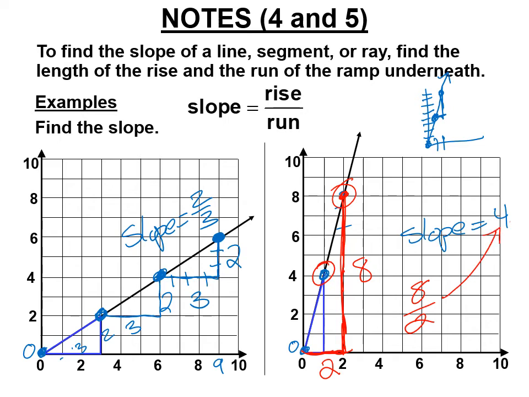They would have to simplify. So you would get the same slope. And this will happen to all of us. If you miss an intersection, you will have to simplify your slope. But you still get the right answer, right? If you'd missed this intersection and gone here, didn't see it, and went over here, you'd get a rise of 4 and a run of 6. But 4, 6 simplifies to 2/3.